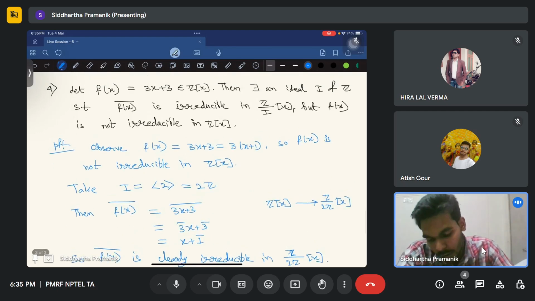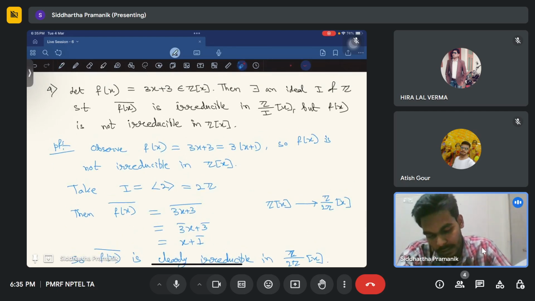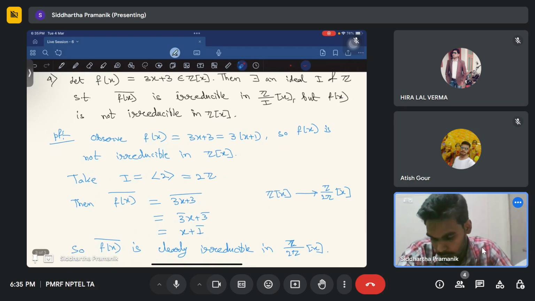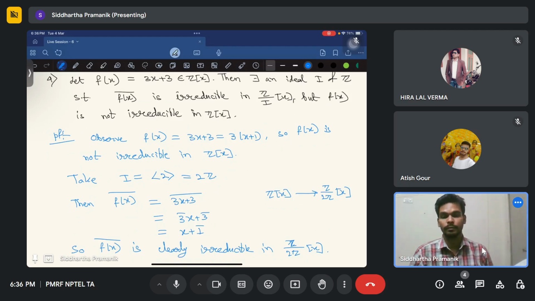So we cannot use the earlier result in this case, right? Because here f(x) is not a monic polynomial. So monicness is important. Is it okay? Shall I move on?